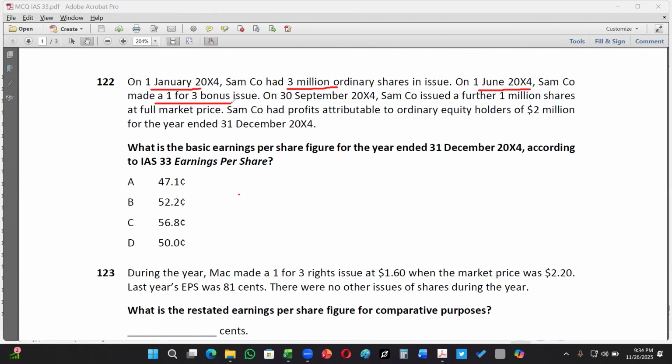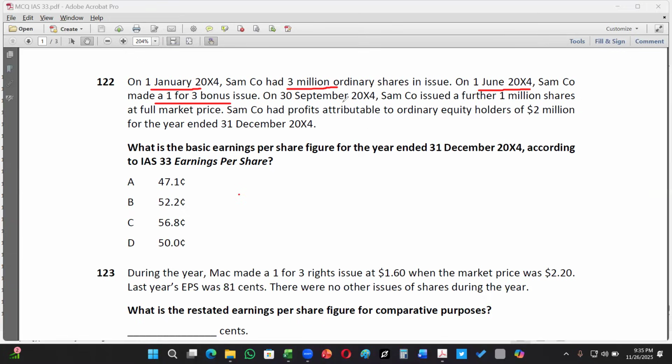We can simply make the fraction. Previously we had 3 shares, but now we have 4 shares, 3 existing shares and 1 new share. So we need to increase the number of shares for the first 5 months, January to May, because on 1st of June we are making the bonus issue.